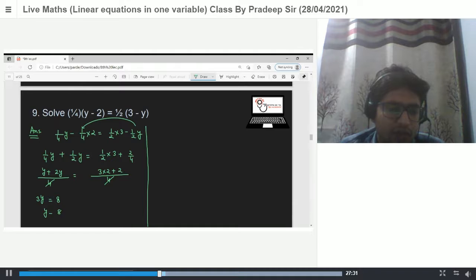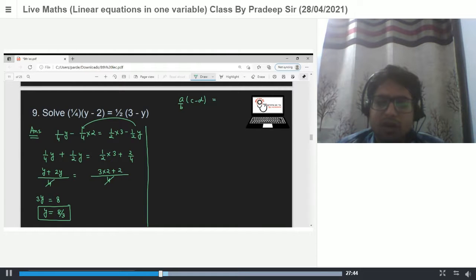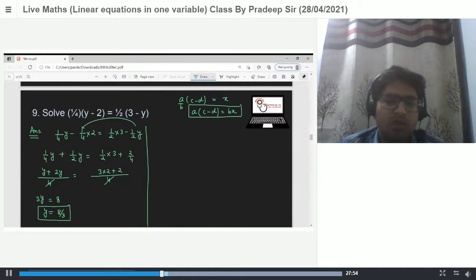For the second way, if we have a by b into c minus d equal to some x, we can write a into c minus d is equal to b into x. That is cross multiplication, so you can use cross multiplication here.